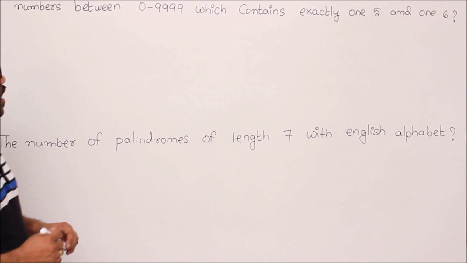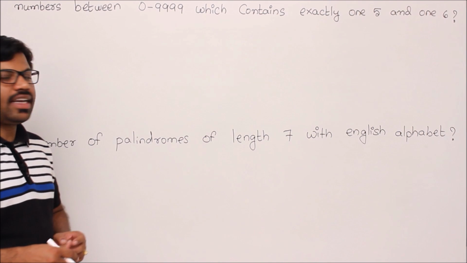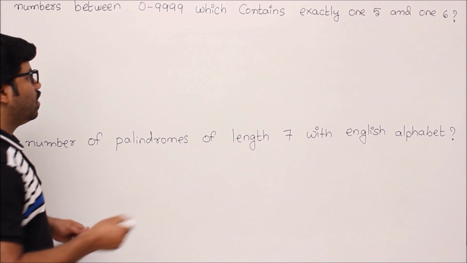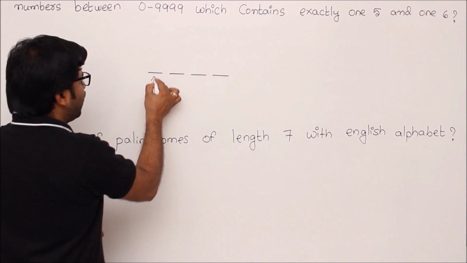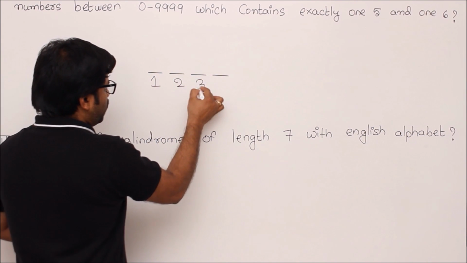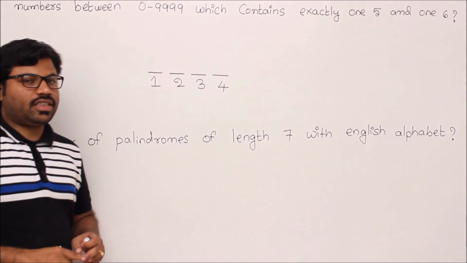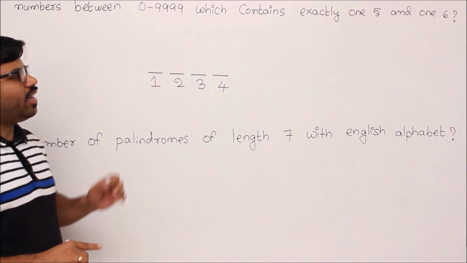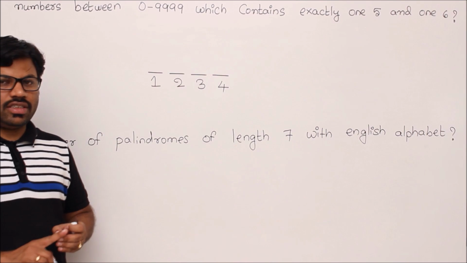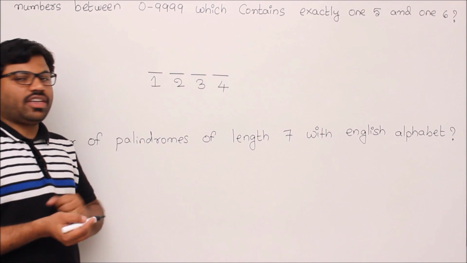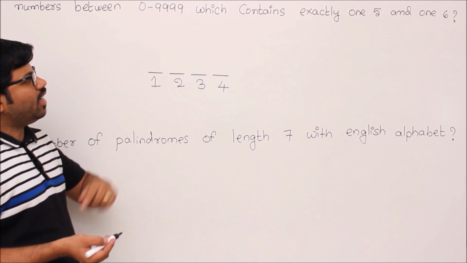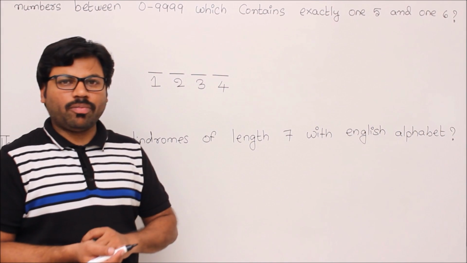Numbers between 0 to 9999 which contain exactly one 5 and one 6. We know that any number between 0 to 9999 can be represented by 4 positions, isn't it? But it should contain exactly one 5 and one 6. So what I do is, I always think about forming a sequence, like one number which is exactly a solution for my problem.